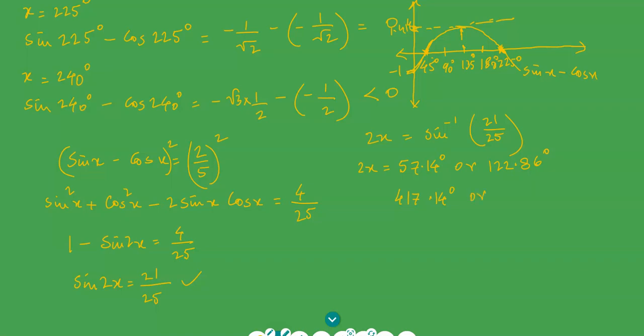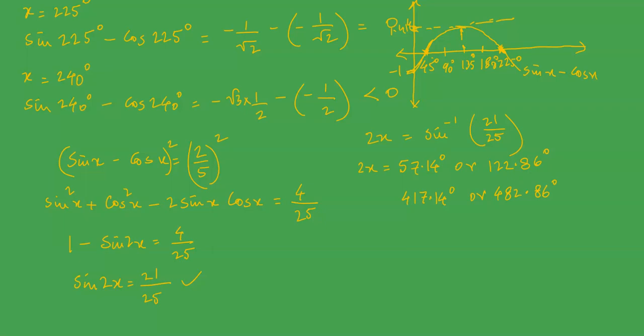You may also use the calculator to check whether I have got the correct answers or not. So it is 417.14 degrees, or if we add 360 to 122.86, we get 482.86.